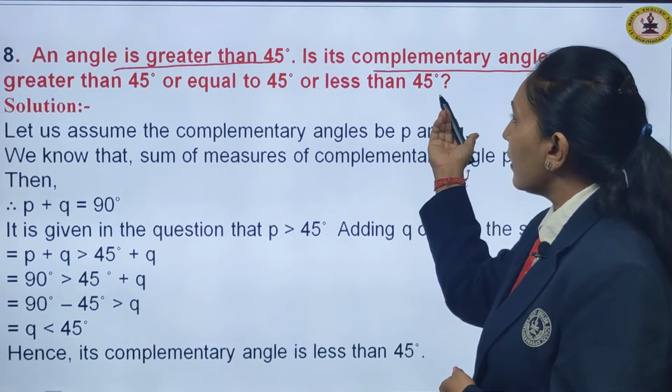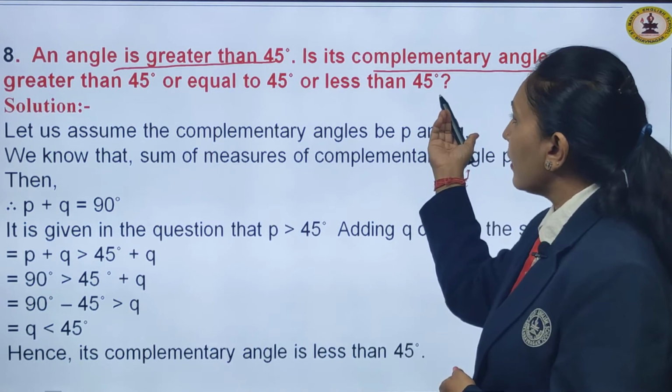Next, do angle COE, this angle, and EOD, that is this angle, form a linear pair? Children, what is the condition for a linear pair? That they should be adjacent. So, can you tell that angle 2 and angle 3, 4 are adjacent?